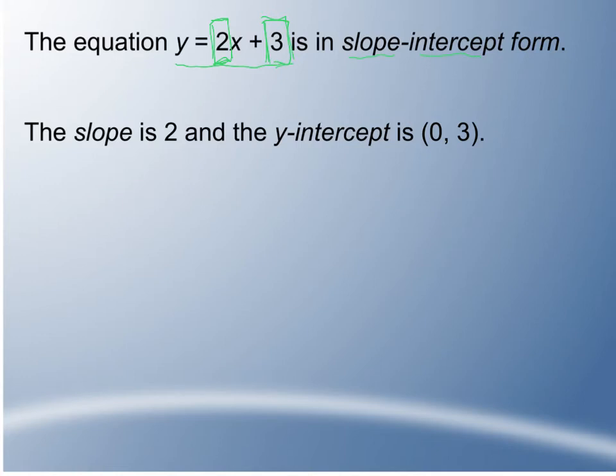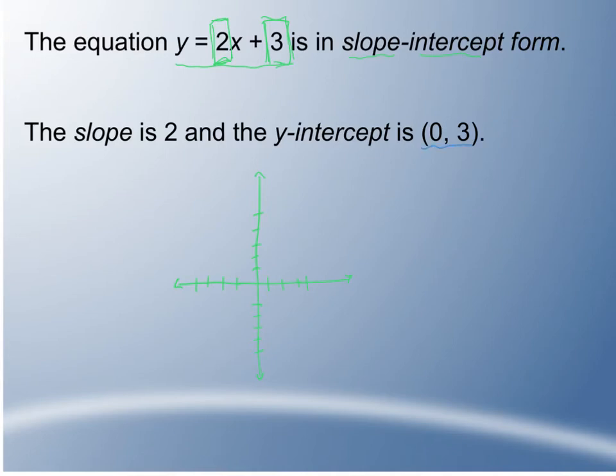What's useful about that is if I have slope-intercept form, I can very quickly generate a graph of that line. I'm going to add on a decent scale here. A decent scale, not a spectacular scale.